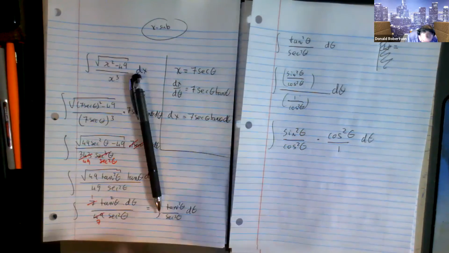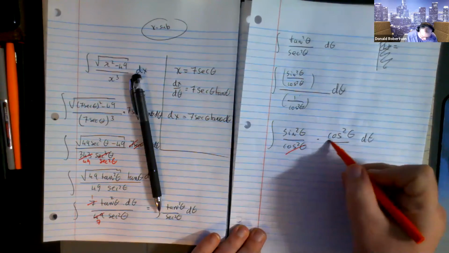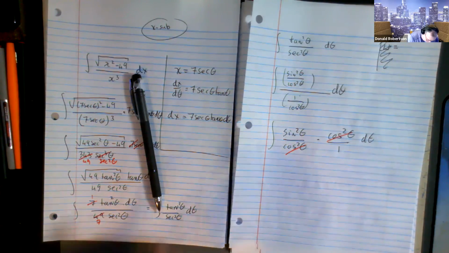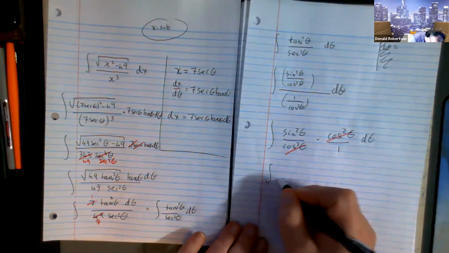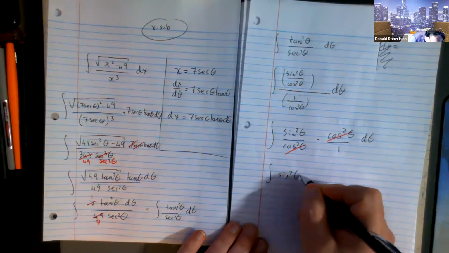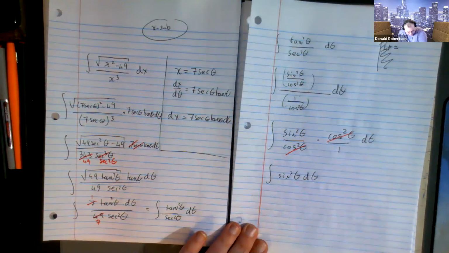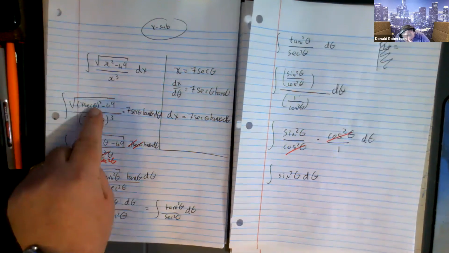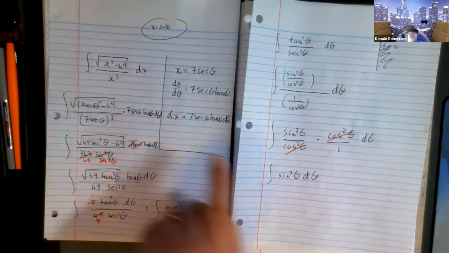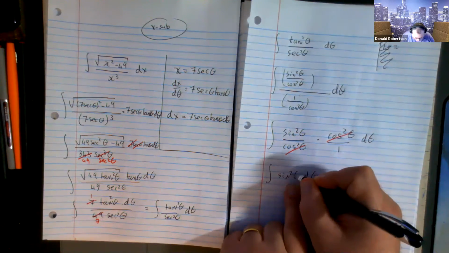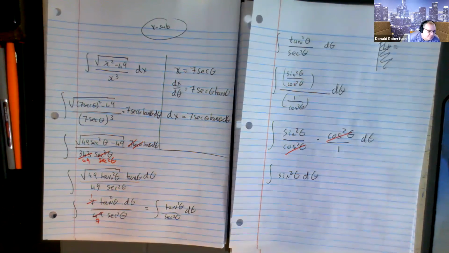And something nice happened. Our question now became this fella. So style points took this massively ugly thing and reduced it to this. And now I have to figure out how I'm going to integrate sine squared.